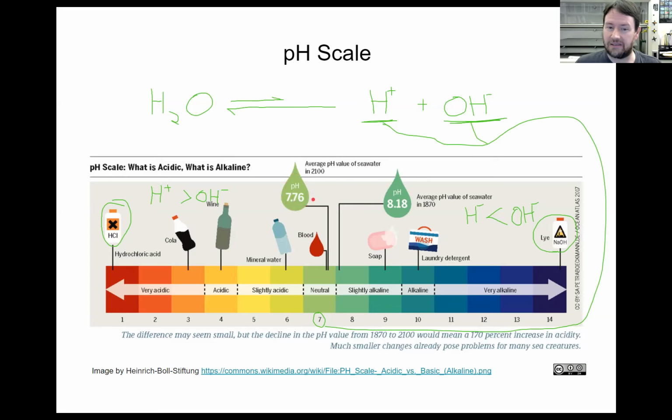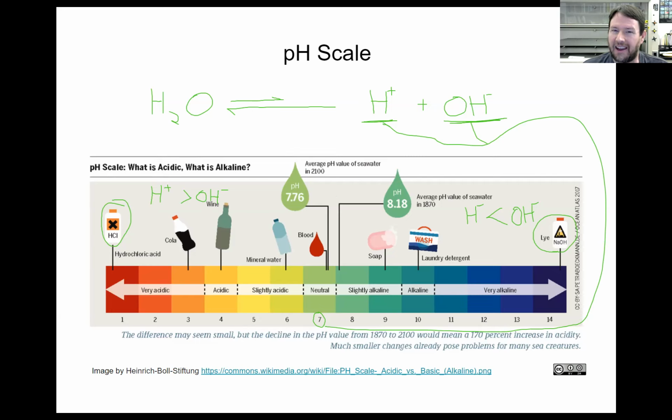Still basic on the big scheme of things on this pH scale, but less basic. That's a word. So more acidic. And that's because of all this carbon dioxide that we are putting into the atmosphere, which some of it dissolves in water, and that actually adds hydrogen ions to that water, and that changes the balance. So I guess the arrow should be going the other way, based on this screen. Okay, never mind.